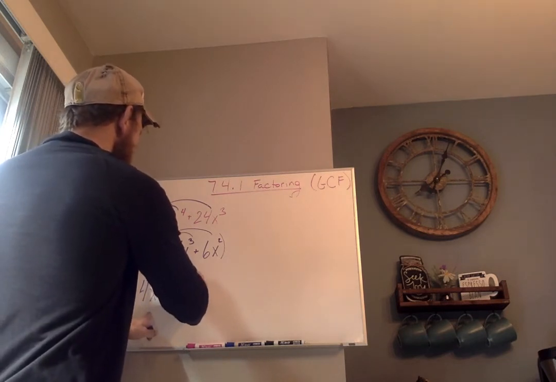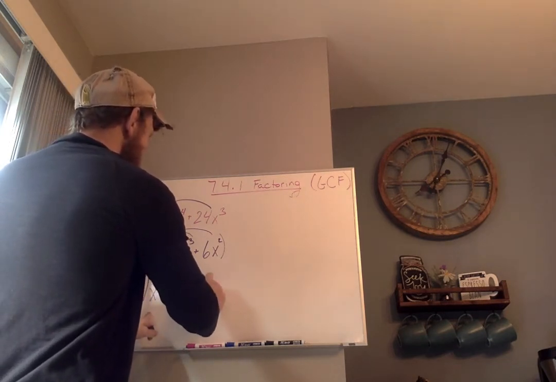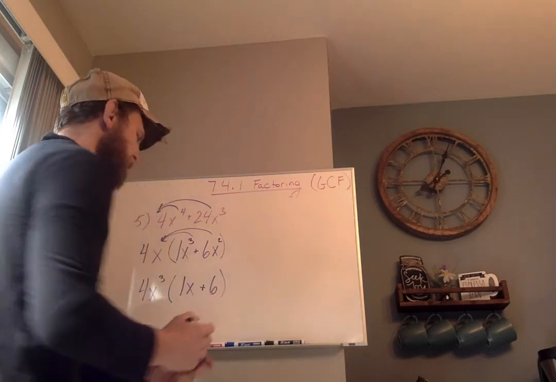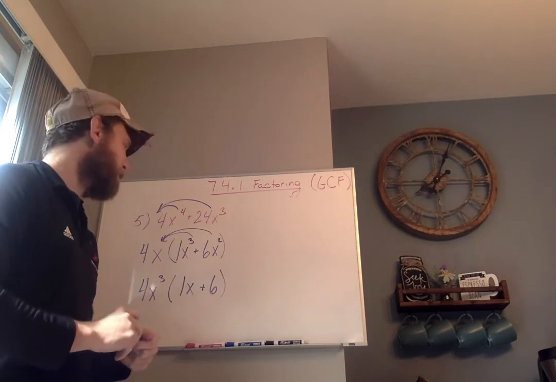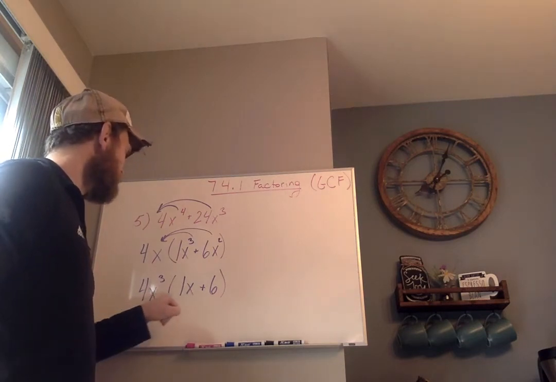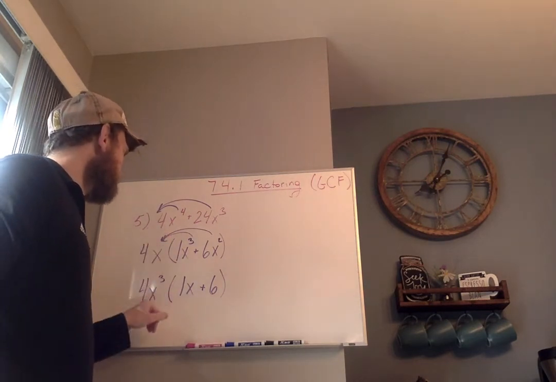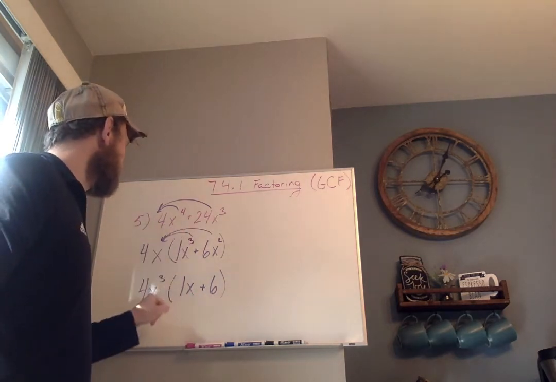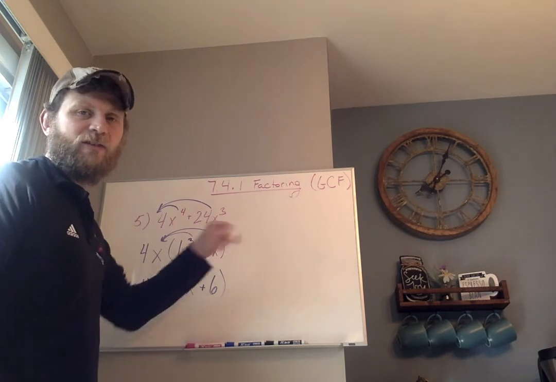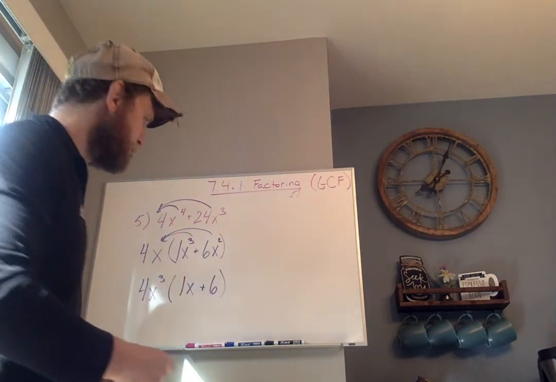And what's left inside is 1x plus 6. And there we have it. And the nice part about these is you can check to see if you got it right by doing 4 times 1 is 4. 4 times 6 is 24. X cubed times x is x to the 4th. X cubed times this would be x cubed. So I know I did it right.